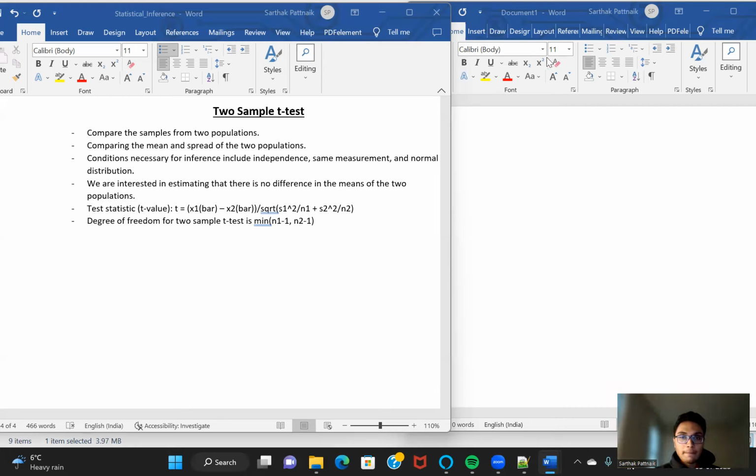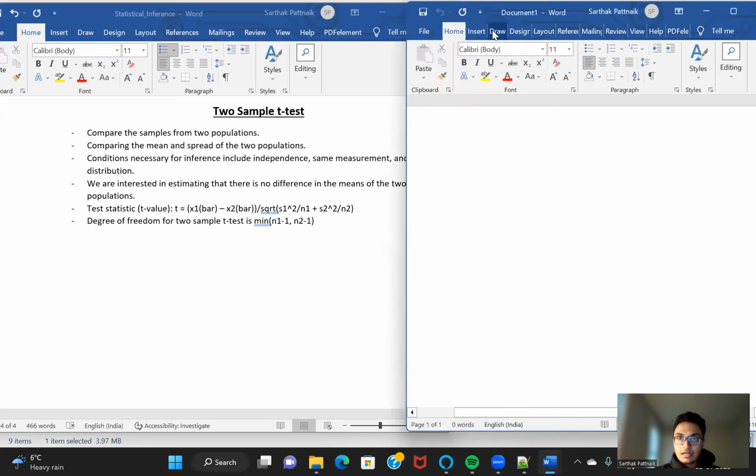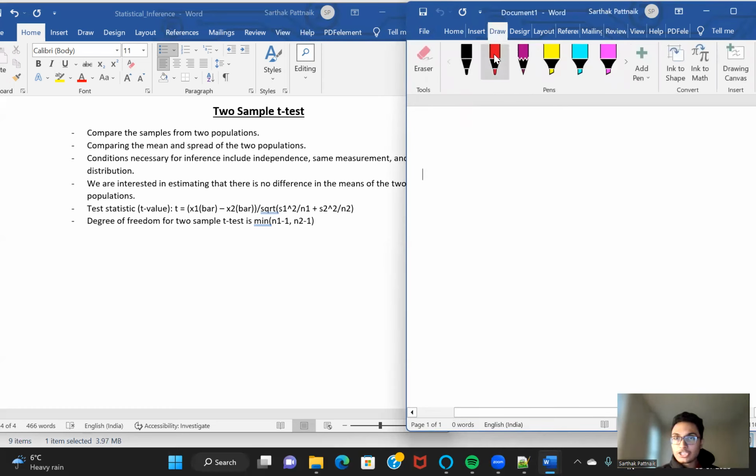So the general idea here is that instead of one population, I have two populations now. So let us go over the parameters first. In case of one sample, I used to represent the unknown population parameter as mu.